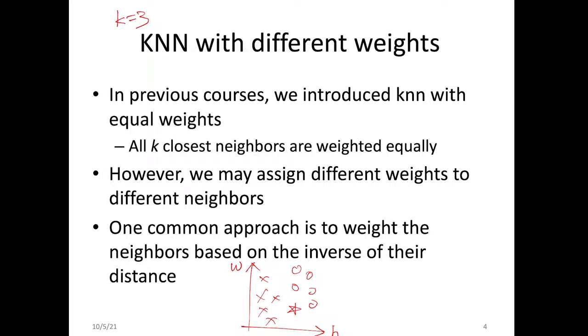Previously, when we used KNN with K equals 3, perhaps these 3 are the nearest neighbors of this star, and each one of these 3 instances is equally important. But if we use weights, perhaps this one is closer and these 2 are farther, so this one would have a higher weight. That's a weighted version of KNN, and there are a couple of variations, so you could use that too.